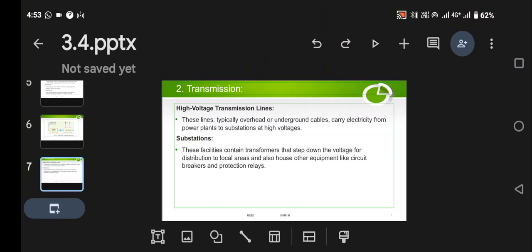High voltage transmission lines are typically overhead or underground cables which carry electricity from power plants to substations at high voltages. What are meant by substations? They contain transformers which step down the voltage for distribution to local areas and also house other equipment like circuit breakers and the protection.